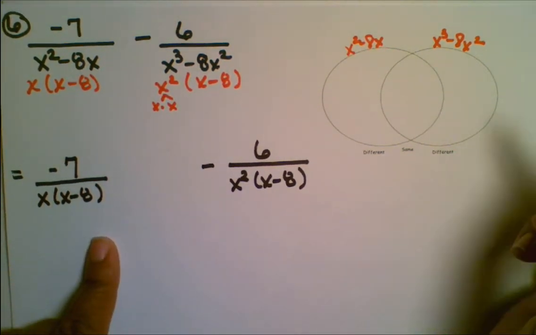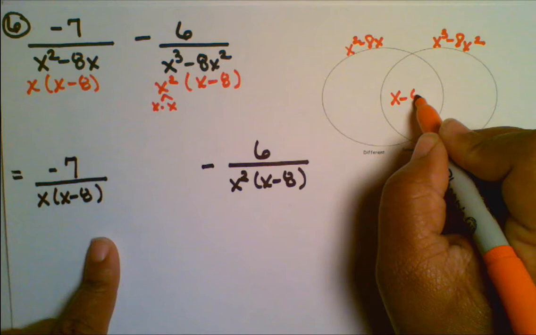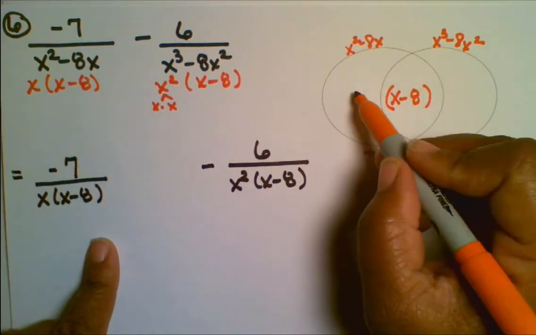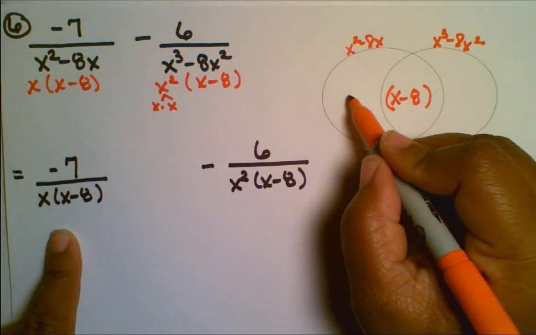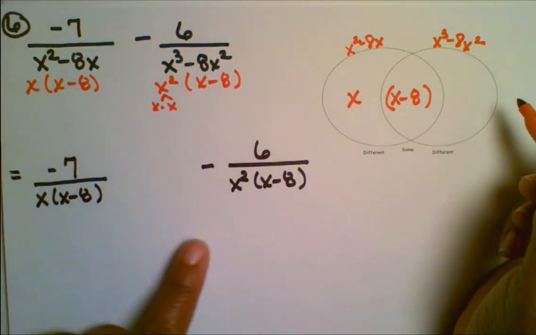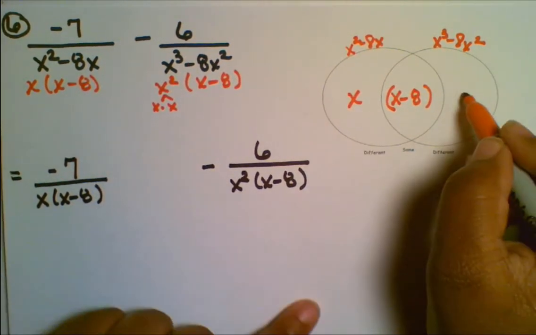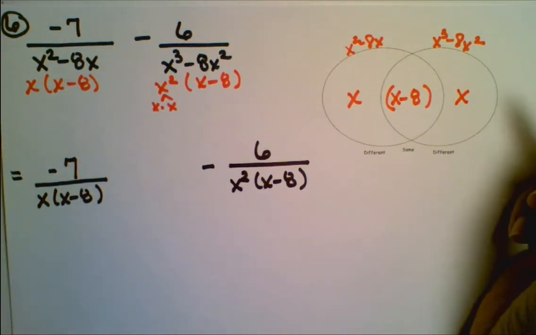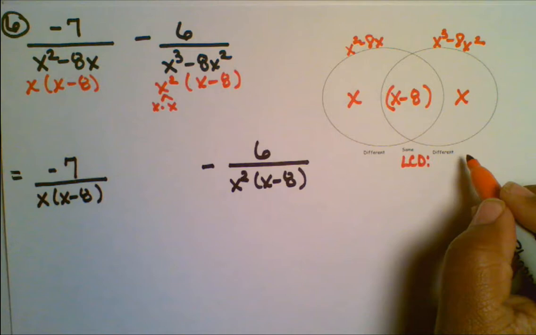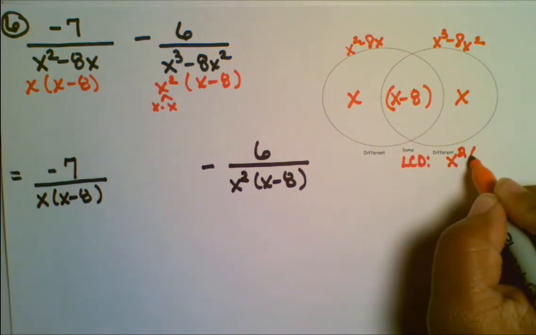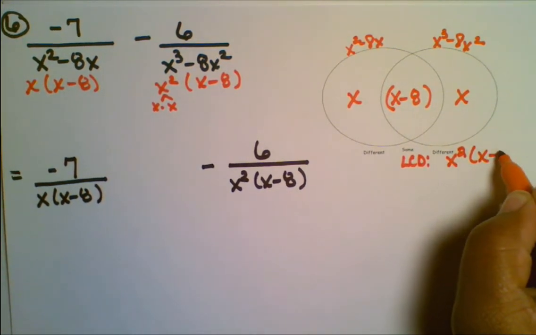What's the same? X minus 8. What's different for the first fraction's denominator? We have an x. And then what's different for the second fraction, we have an additional x. So our LCD is x squared times x minus 8.